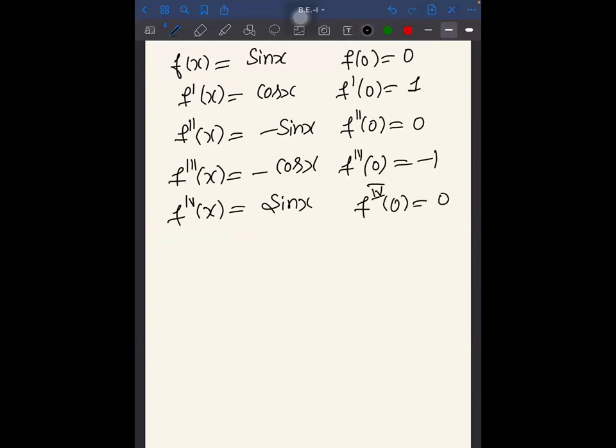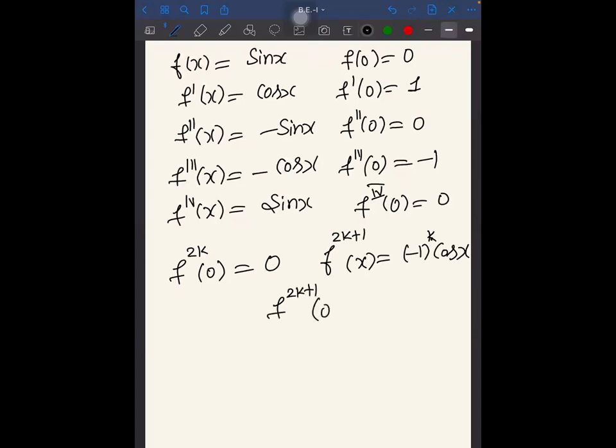So if you take even derivatives and calculate at 0, it will become 0, because at even derivatives you always get sin x back. But if you are taking the odd derivatives, you are getting (-1)^k times cos x, so at 0 this becomes (-1)^k. Are you with me on this?